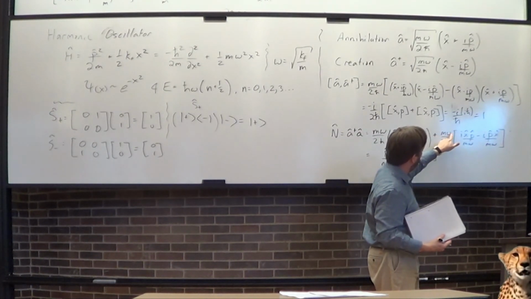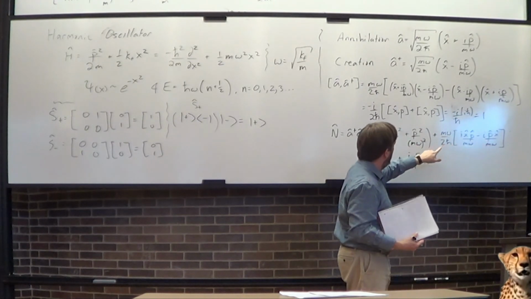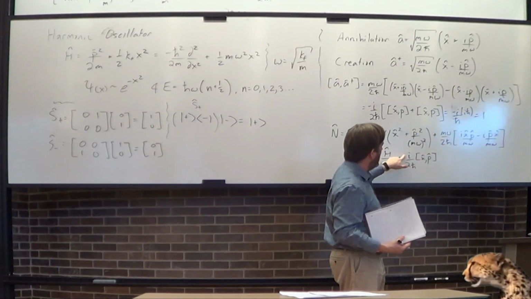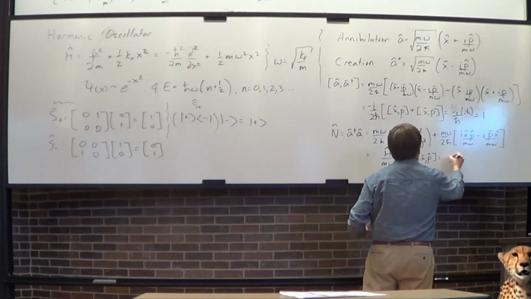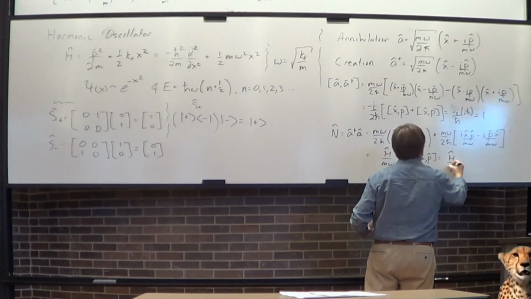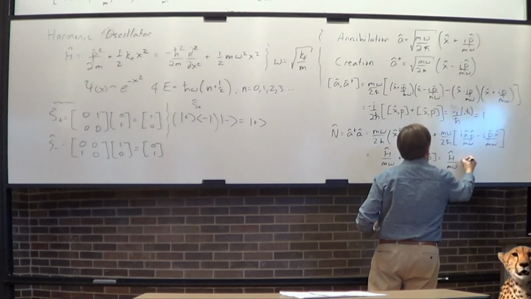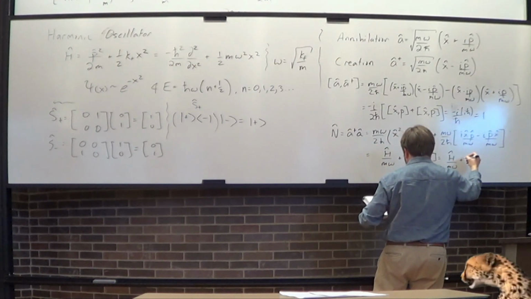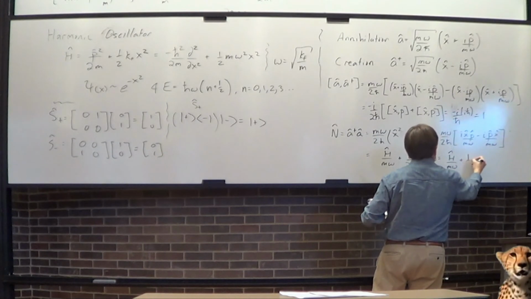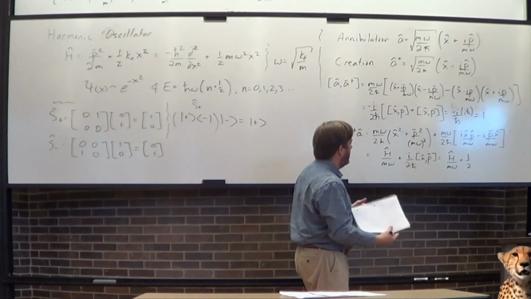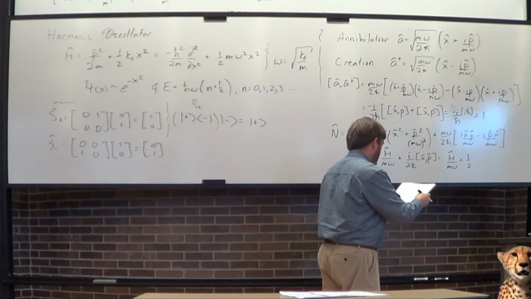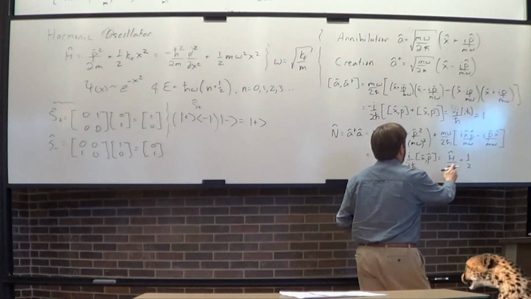The m and frequency factors cancel. You have to just factor out an i, and then you get xp minus px, right? And this ends up being plus 1/2. Because that's i h bar, and i squared, that's minus. It's minus, right?